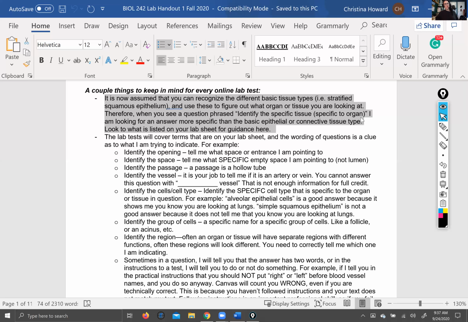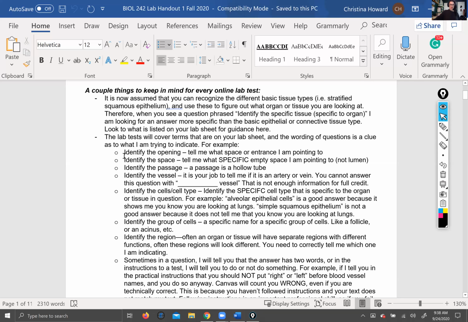If I'm showing you a picture of the airway and I say identify the specific tissue, the answer should be respiratory epithelium, because that is specific to the organ system that we're covering in that unit. Yes, it is still pseudostratified ciliated columnar epithelium, but when it is in the airway, we call it respiratory epithelium because it is involved in respiration. So that's what I'm trying to get you to say.